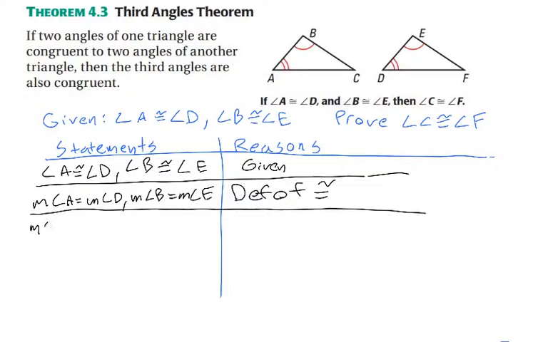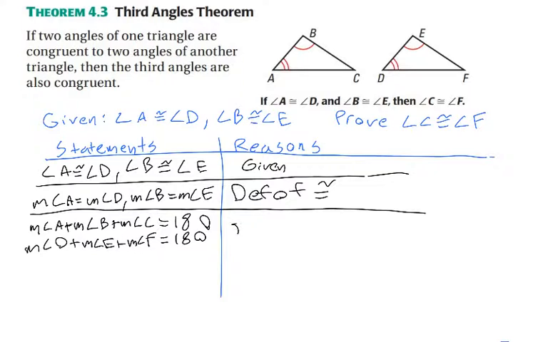So measure of angle A plus measure of angle B plus measure of angle C equals 180. And the same thing for the second triangle, measure of angle D plus measure of angle E plus measure of angle F equals 180.